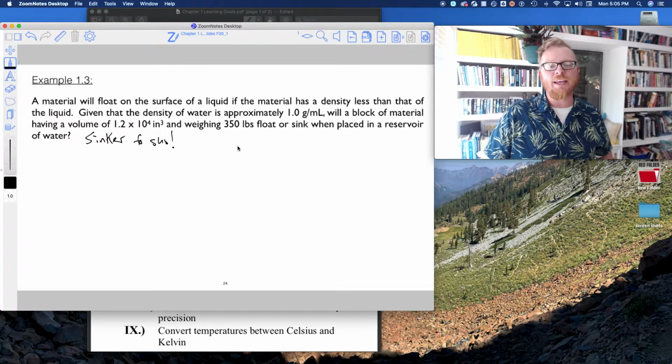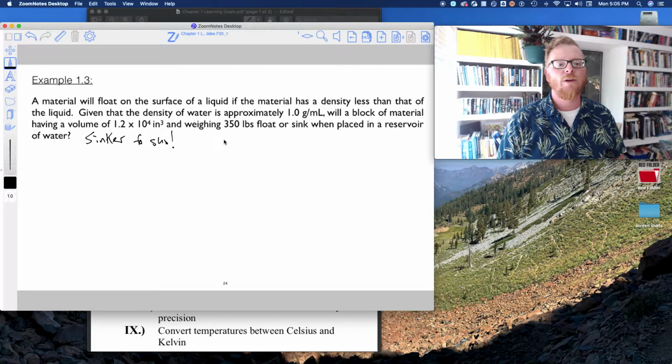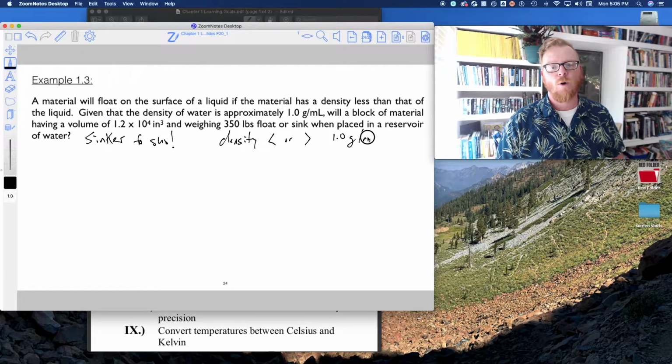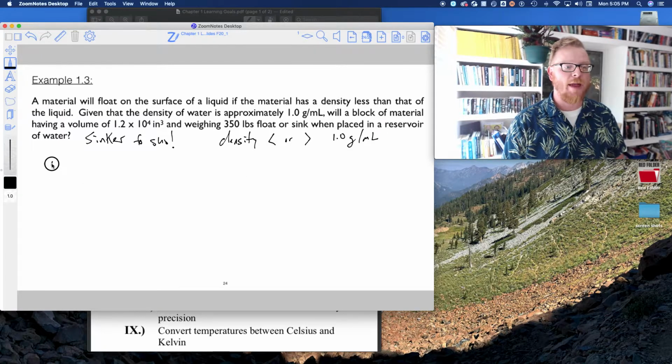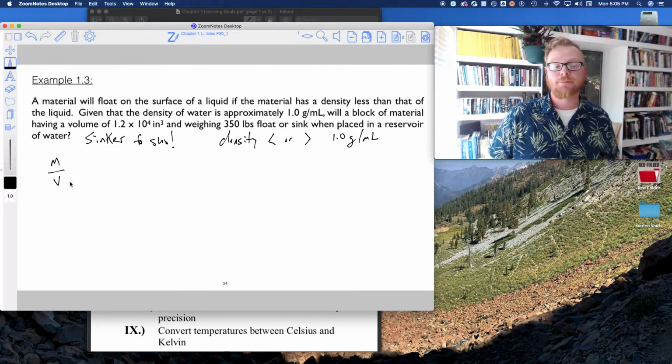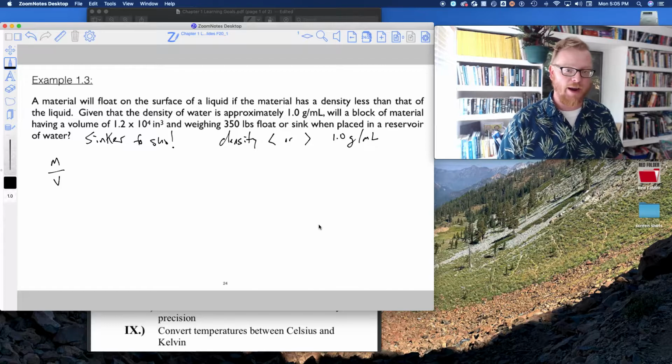So how do we even start? Well, what we need to know is, will the density be less than or greater than 1.0 grams per milliliter? So that's going to be our test. And so that means we're going to need to take the mass divided by the volume of that object and get it into grams and milliliters so that we can compare.